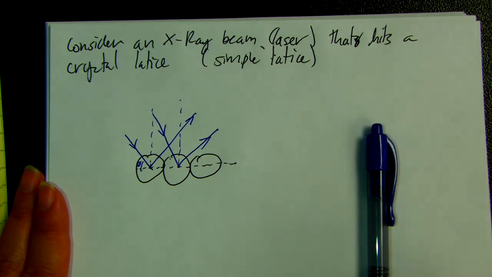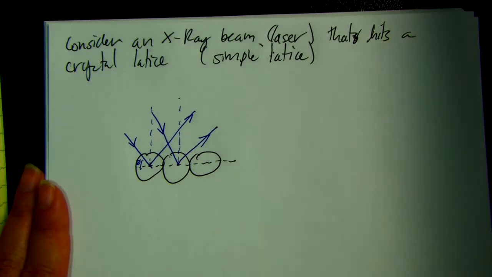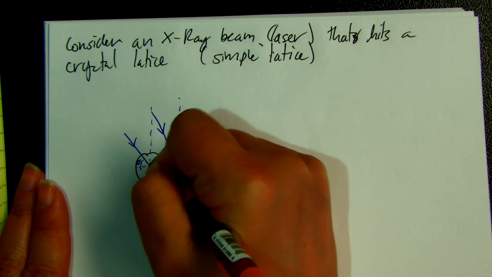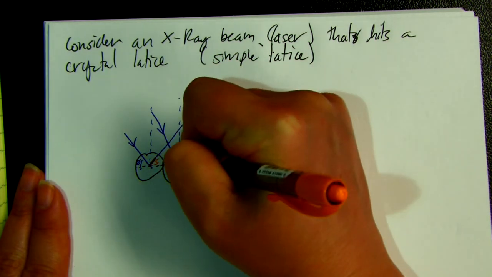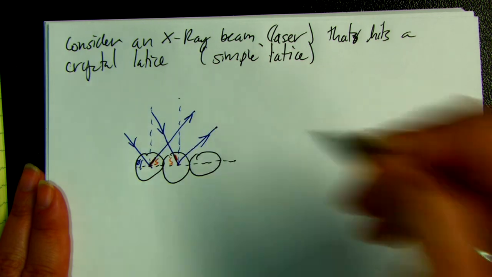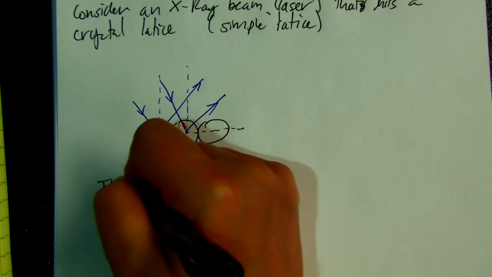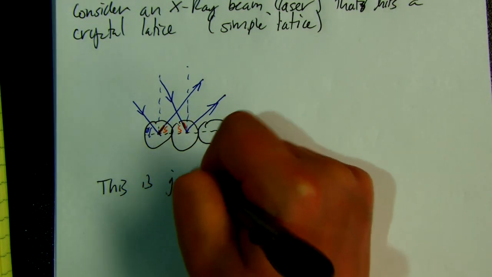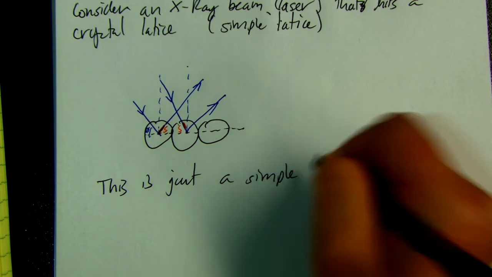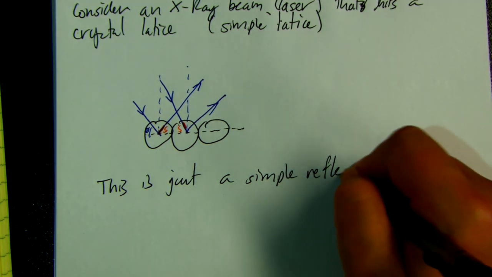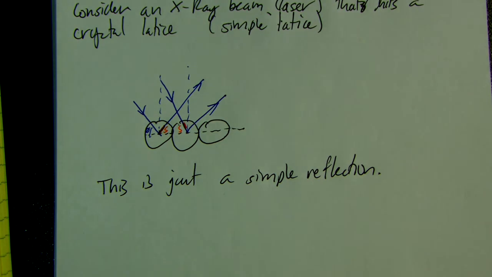And then you've got these different sides there. So this is just a simple reflection, and we can use the law of reflections to go after it. We don't really have any interference in this particular case with just this one row of crystal lattice that we're looking at.